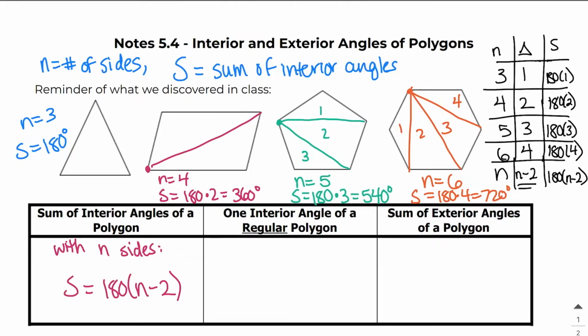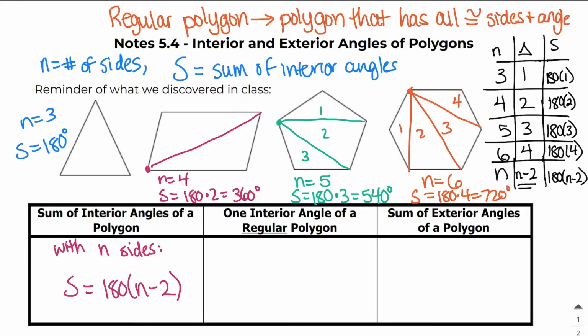Just a heads up, a regular polygon is a polygon in which all the sides are equal to each other. And because the sides are equal to each other, the angles are equal to each other. To figure out how big each angle is, let's say, for example, this was a regular pentagon.